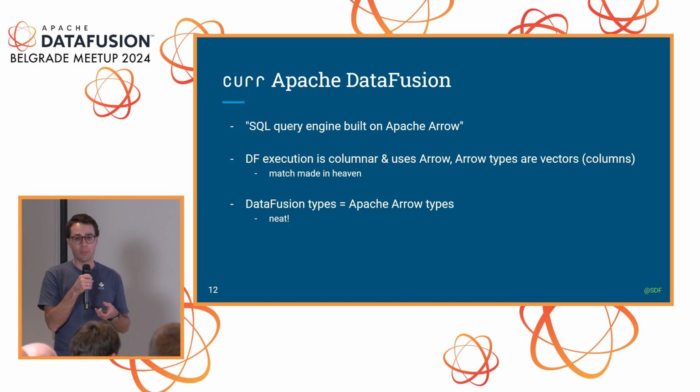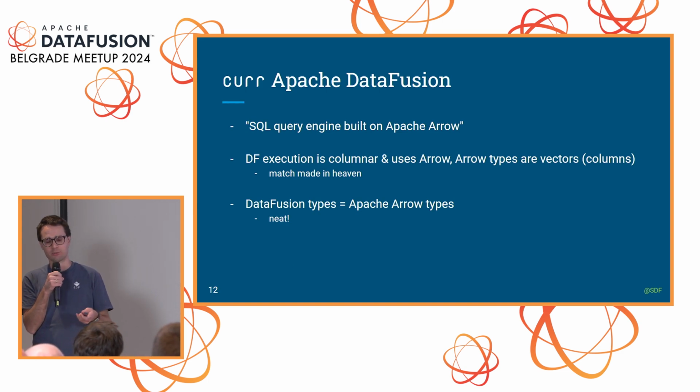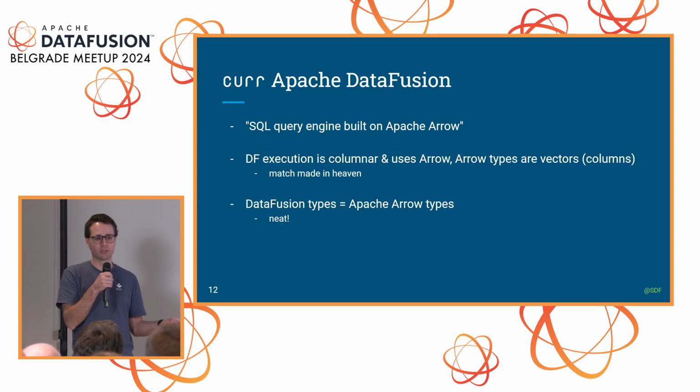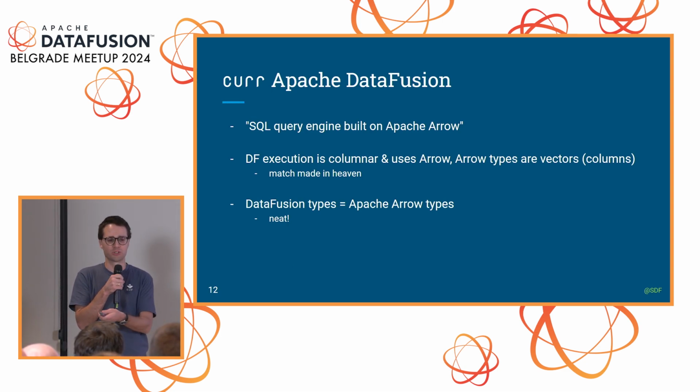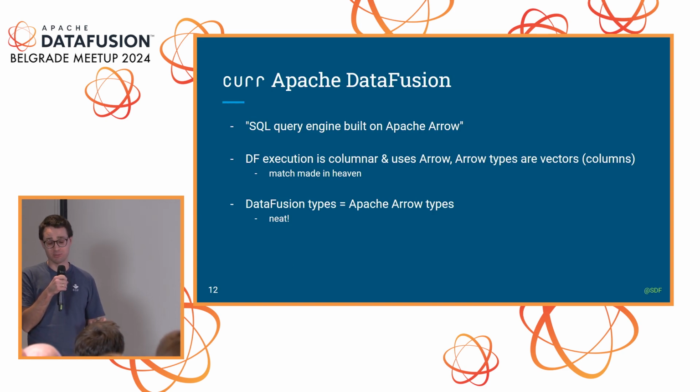And so when we process data in DataFusion, we use those arrays, the Arrow arrays. And not surprisingly, the type system that we use in DataFusion is the Arrow type system, which is a very nice integration between the two because there are no bridges that we need to cross. We just feel part of one happy family, which is awesome.